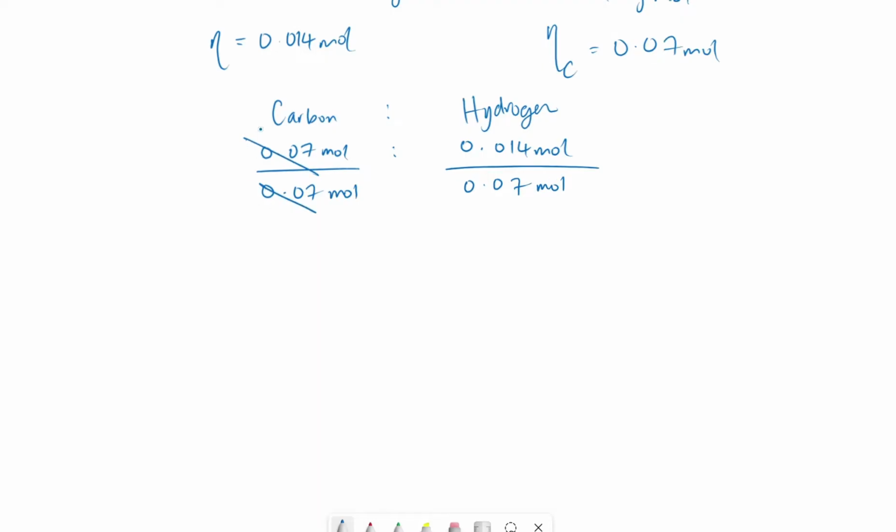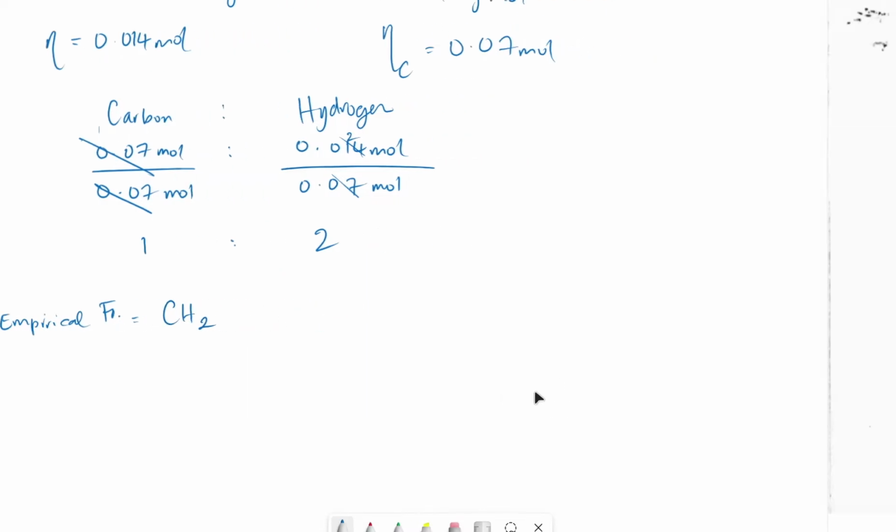That's going to cancel out to 1. This will give 2. So that would mean that for every carbon we need 2 hydrogens. So the empirical formula, pretend that I wrote that out, is CH2.